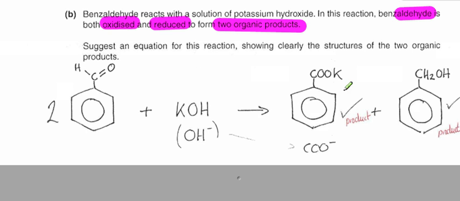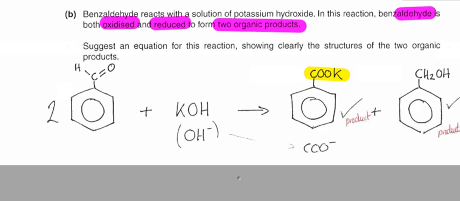So we have got an aldehyde, a carboxylic acid. My aldehyde is turned to a carboxylic acid, so oxidized. Notice here, rather than a COOH, I've got COOK. I'll come to talk about that in a moment.